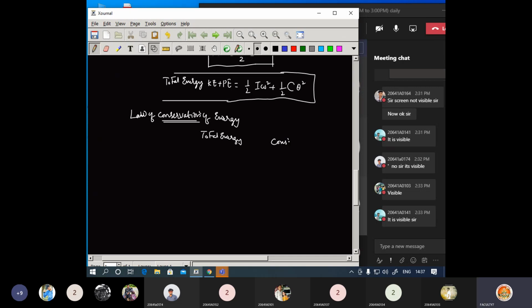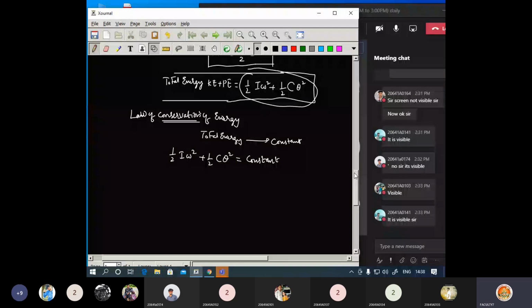The total energy is this, and this is going to be a constant. So half I omega square plus half C theta square will remain constant depending on the law of conservation of energy.